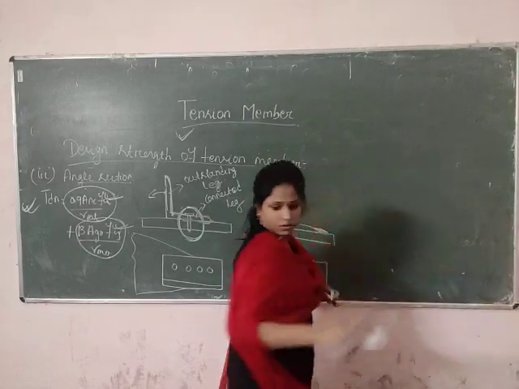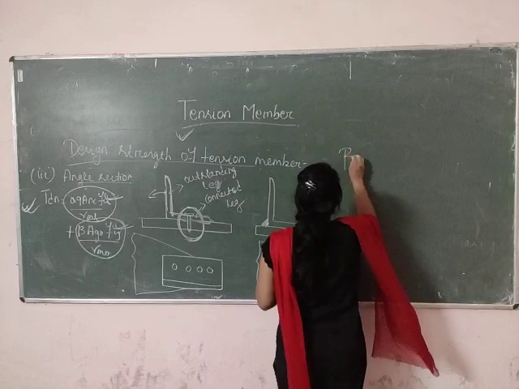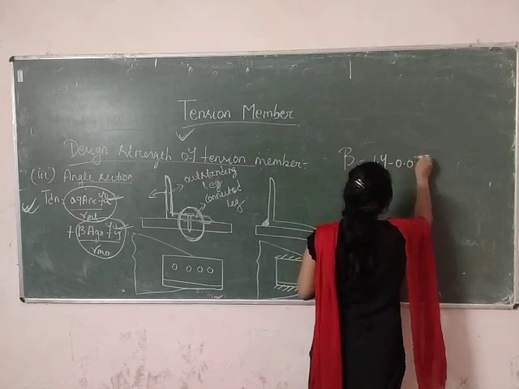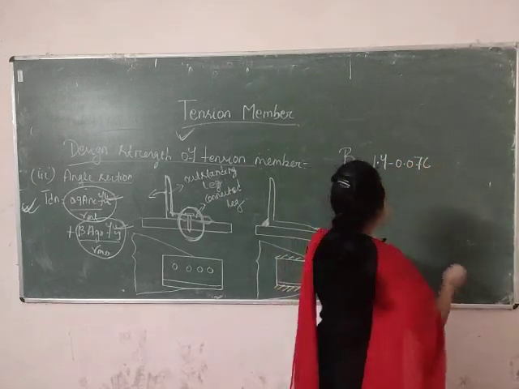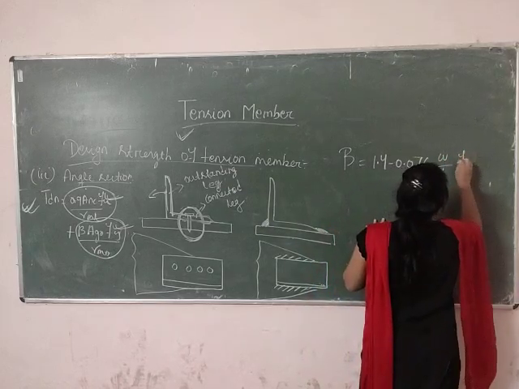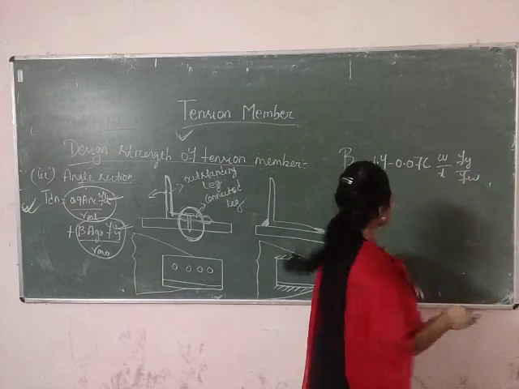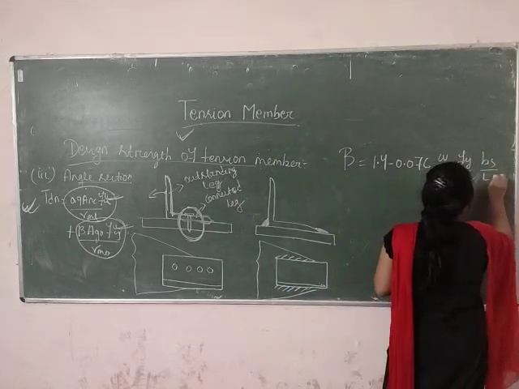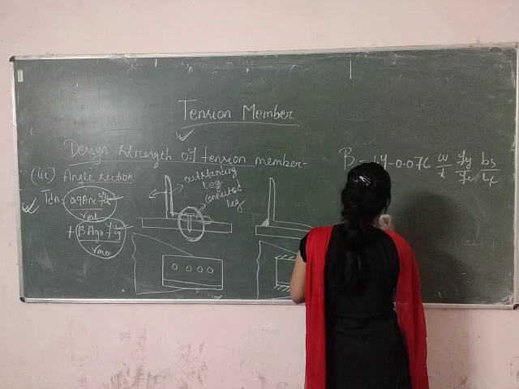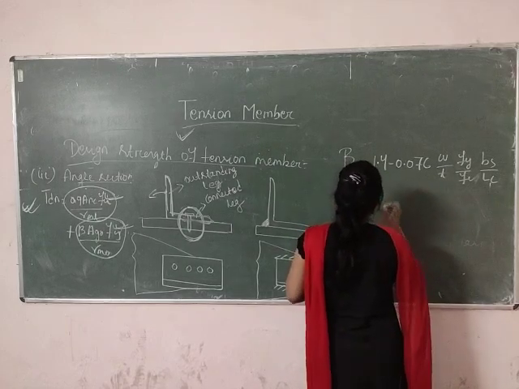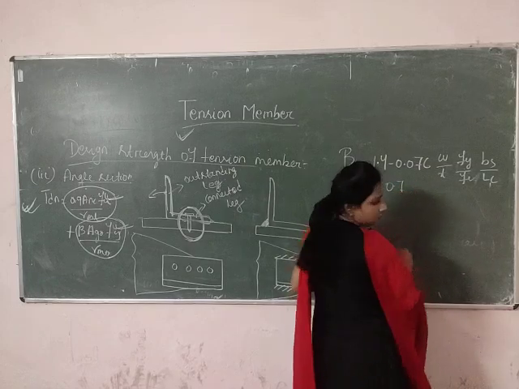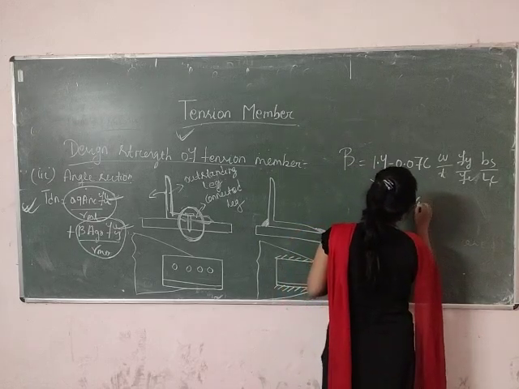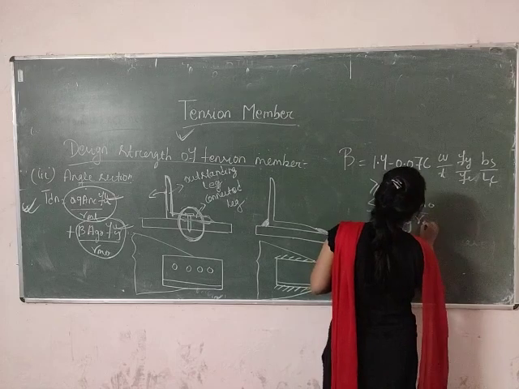So the value of beta is calculated by the formula, that is 1.4 minus 0.076 into w by t into Fy by Fu into bs by Lc, which should be greater than or equal to 0.7 and should be less than or equal to Fu into gamma m0 divided by Fy into gamma m1.